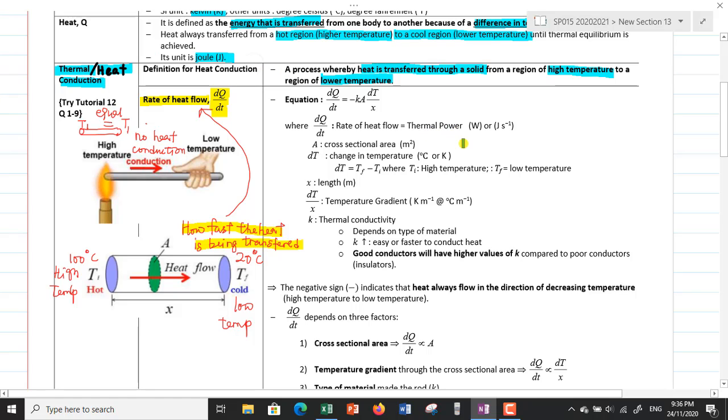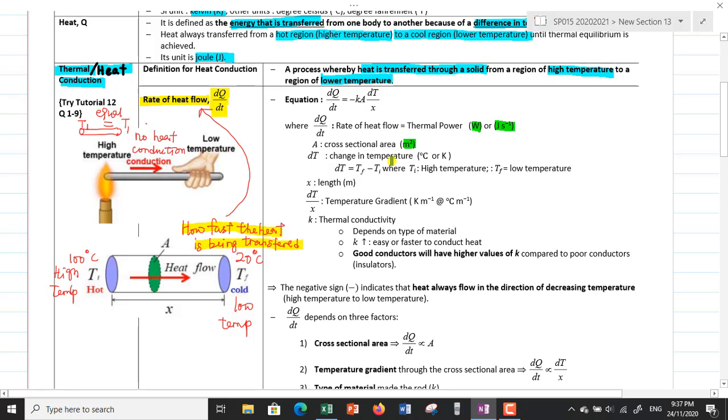The unit will be watt, because heat is energy, and energy divided by time taken is power. We learned it in chapter 5. So the unit is watts, or joule per second. Then A refers to the cross-sectional area. The unit is meter squared, so calculation is in SI units.